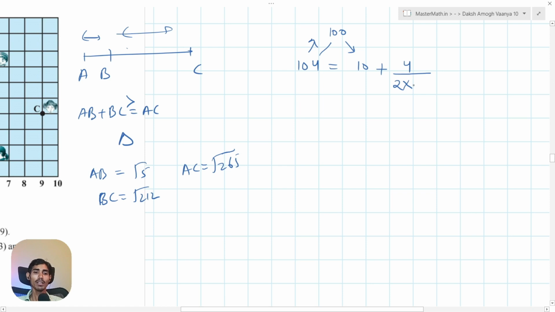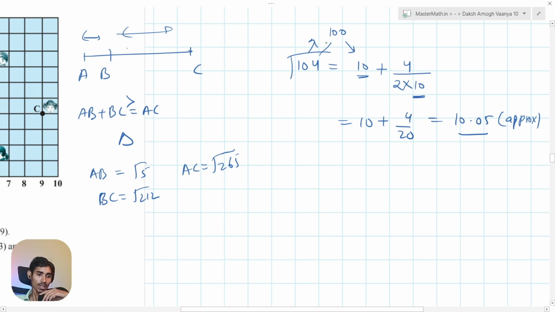So 4 by 2 into 10, the square root of the perfect square. Now if you solve this, 10 plus 4 by 20, that is 10 plus 0.2. This is the approximate closest value for root of 104.